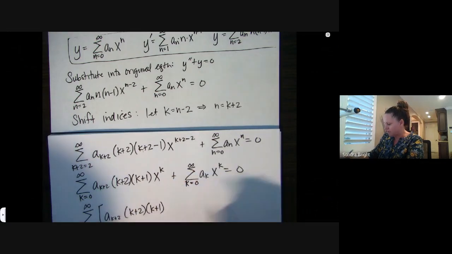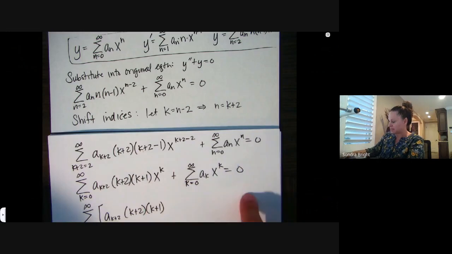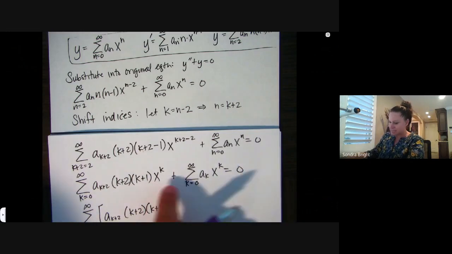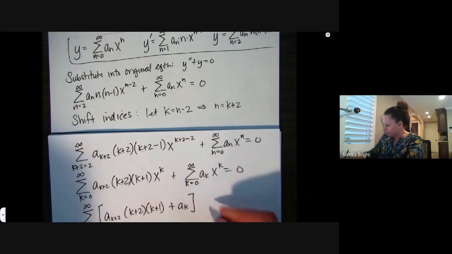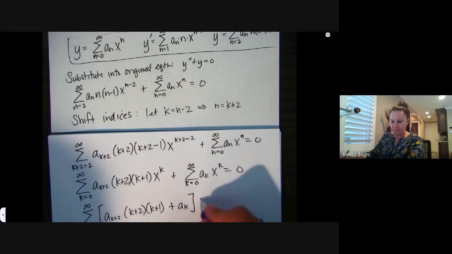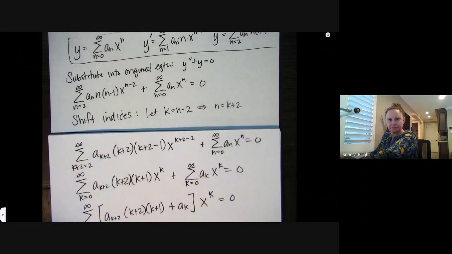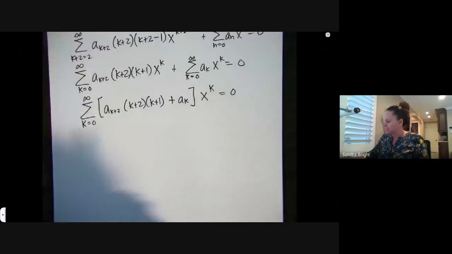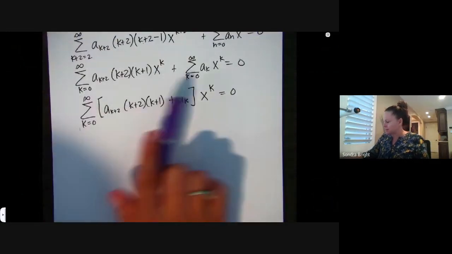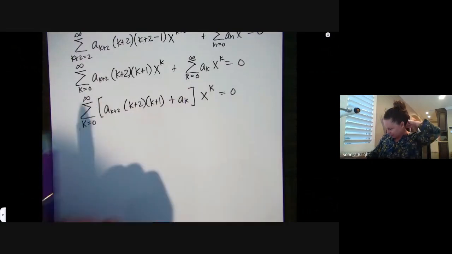I'm going to factor out this x to the k, so then I have plus a sub k. That's my new coefficient there, and then times x to the k equals 0. So all I did was they both have the same index. They're both x to the k, so I was able to factor them out.